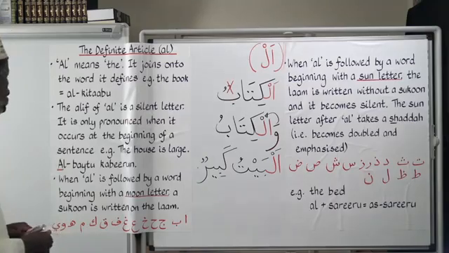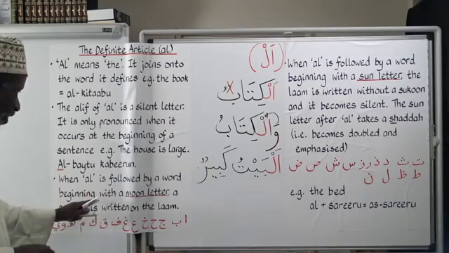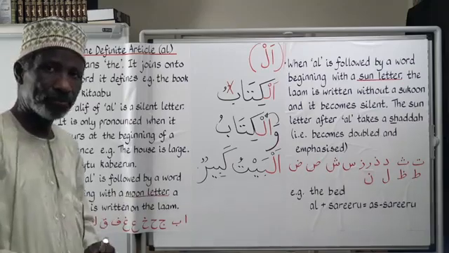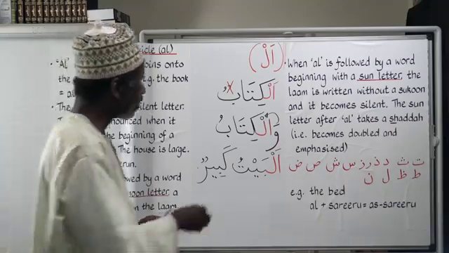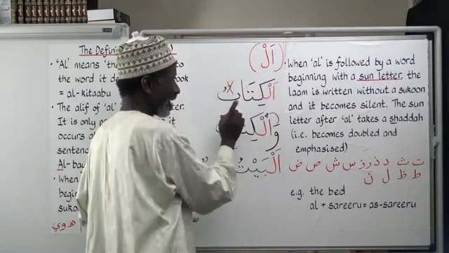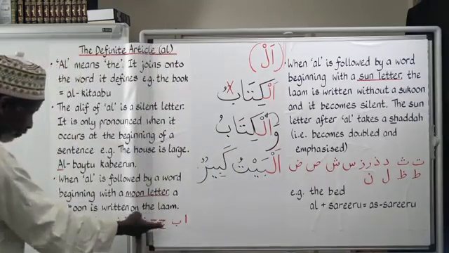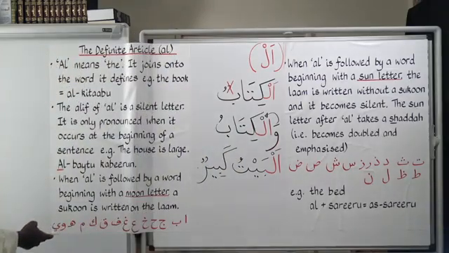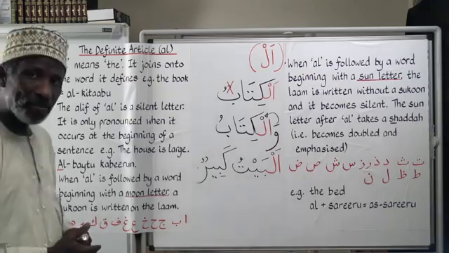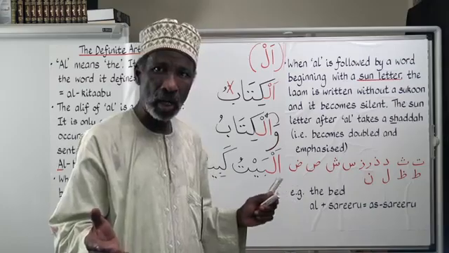Now, when al is followed by a word beginning with a moon letter, meaning one of these 14 letters. The Arabic alphabet is actually divided into two equal groups.